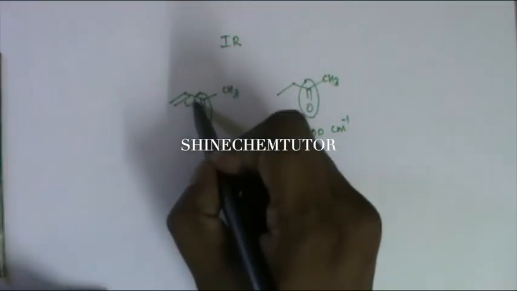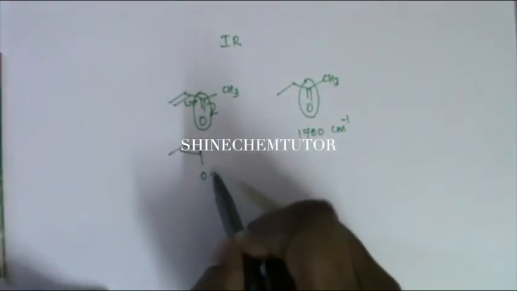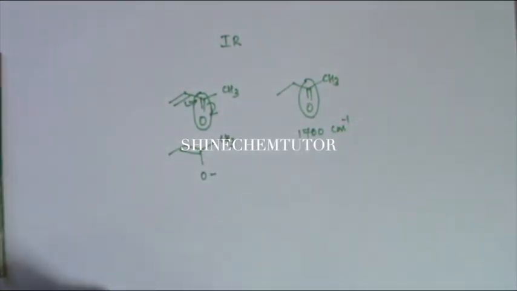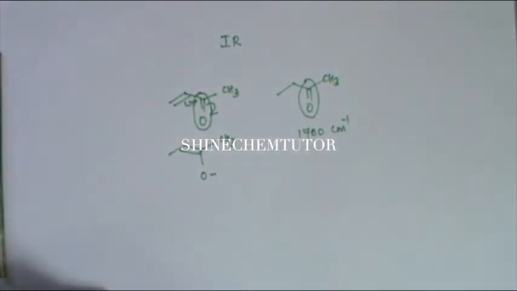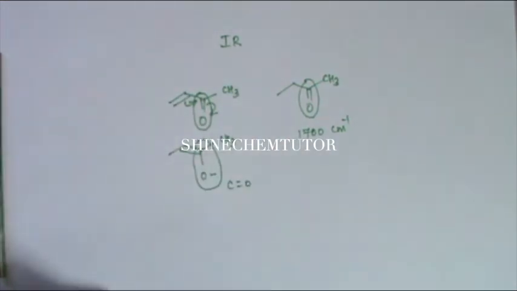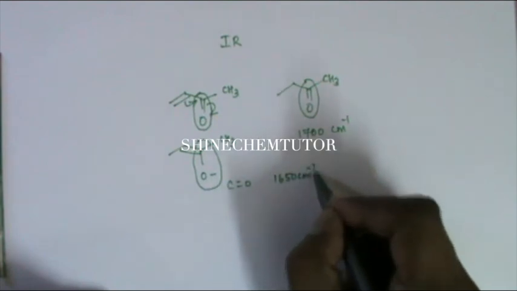But because of the resonance, this C=O bond is no longer a double bond. So now it has single bond character. In the earlier case it is a double bond, but here it is a single bond. Because of that, the C=O stretching frequency will be around 1650 cm inverse. It decreases.